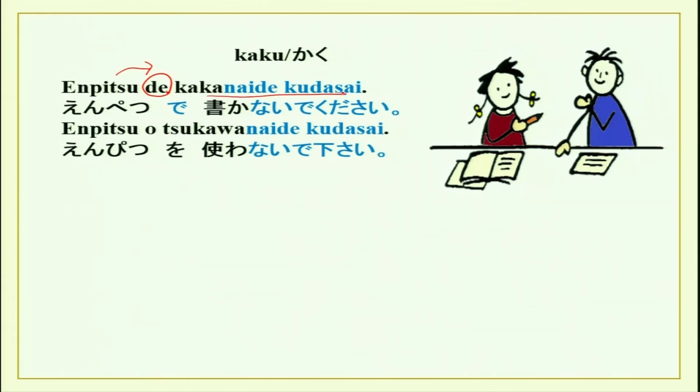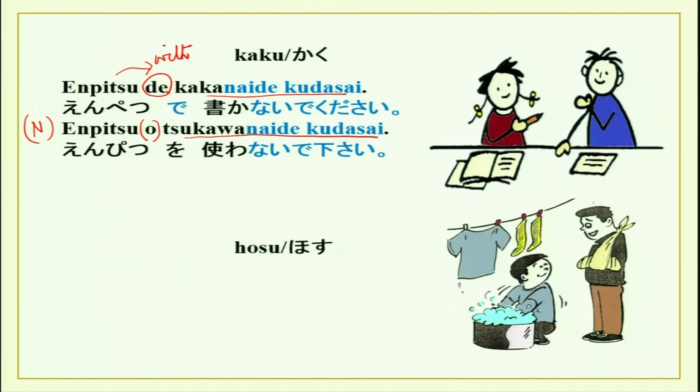Basically, it means do not use a pencil. Pencil is not allowed. Enpitsu o tsukawanai de kudasai. Please do not use a pencil. So, you can see o again over here with tsukawanai de kudasai, though the noun has changed. De over here is with.